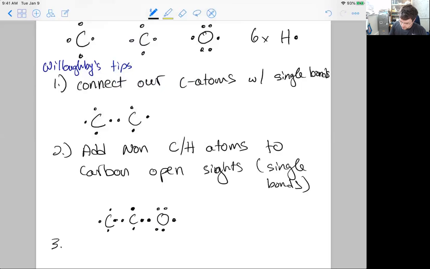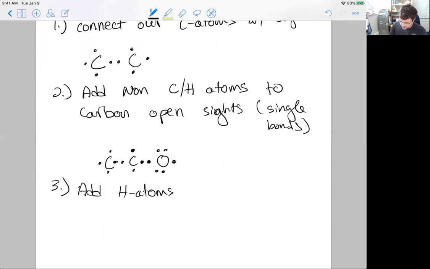But in step 3, what I will do is add H atoms. So I will add H atoms, and the only place I can put H atoms are on these one-electron places.